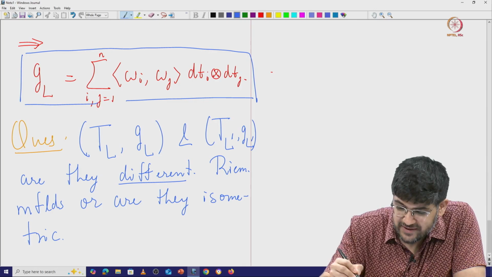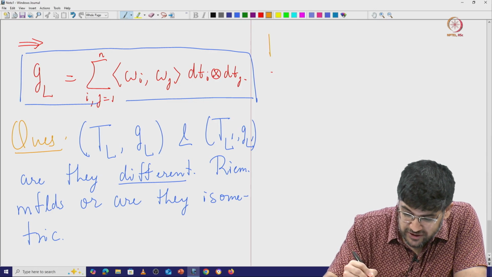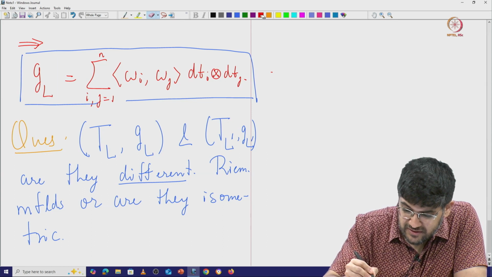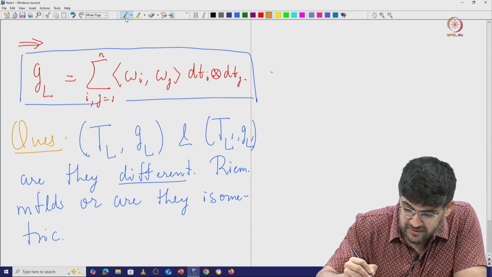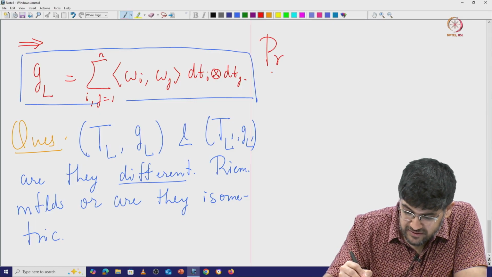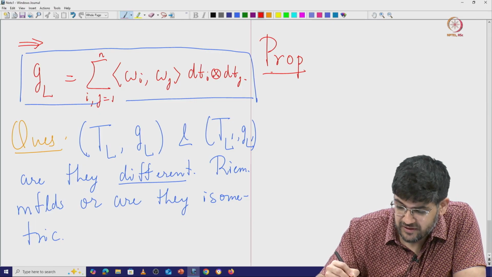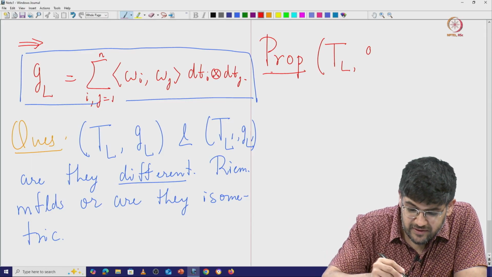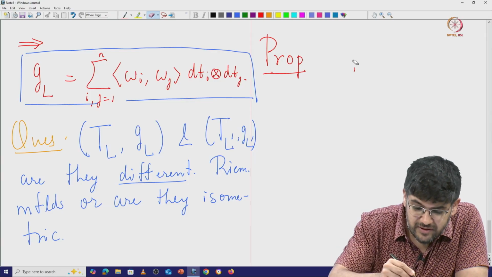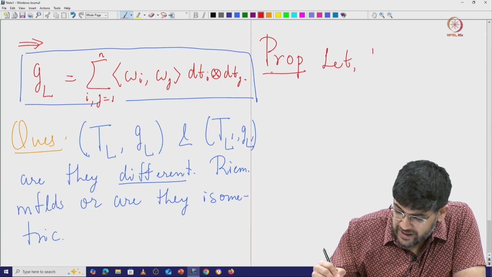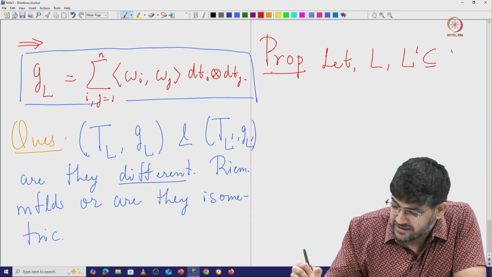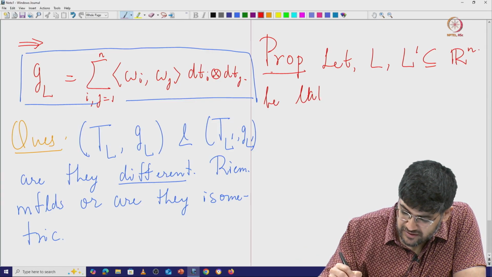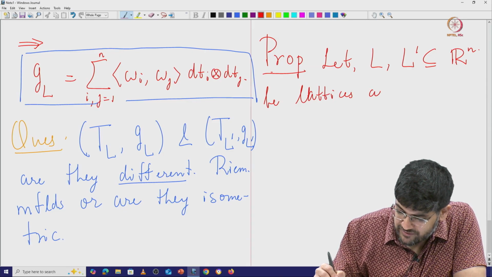So it turns out, I will write this as a proposition. Let L and L prime be lattices of full rank, as above.